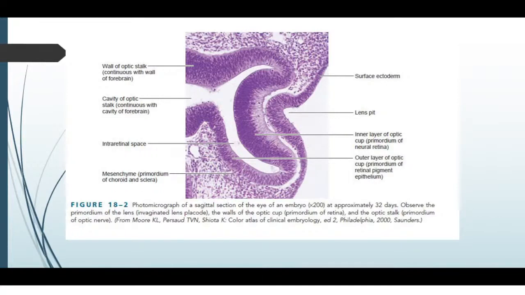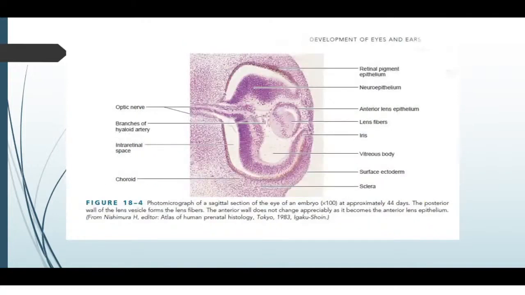But during transformation, these spaces, the cavity of the optic stalk and the cavity of the intraretinal space, will disappear during the formation.